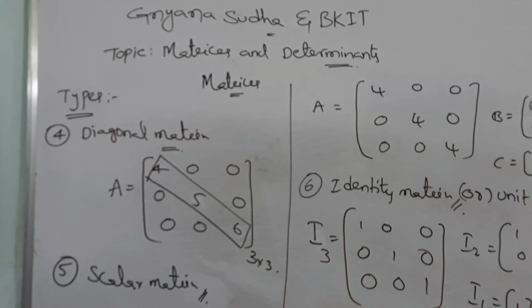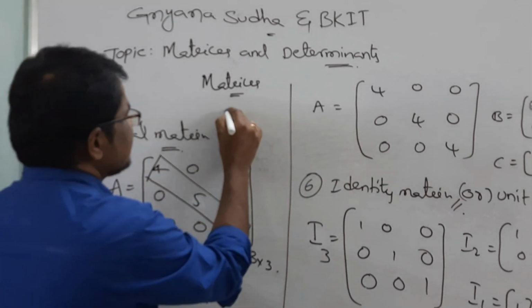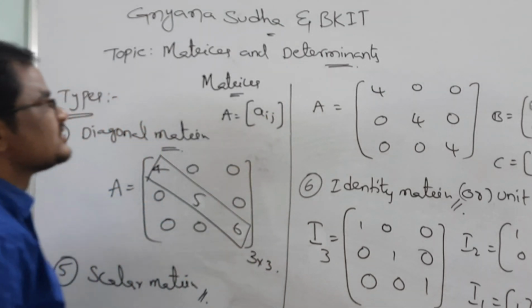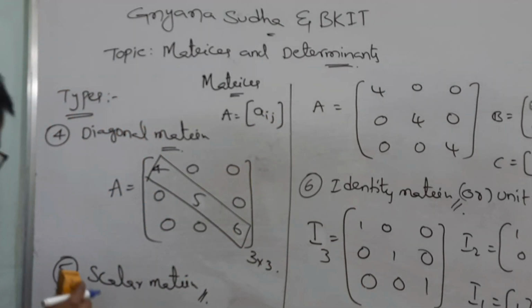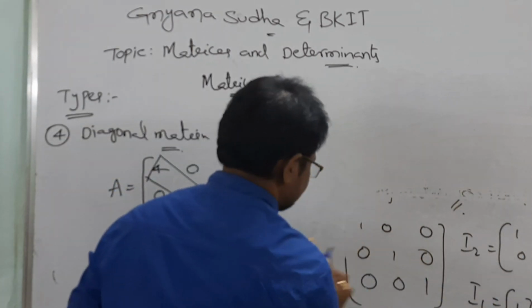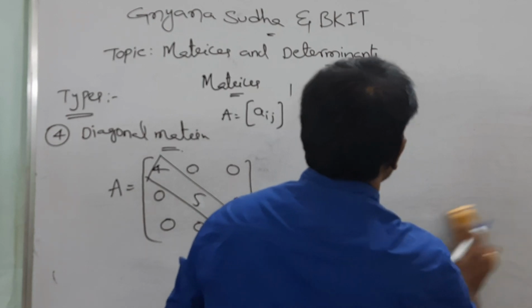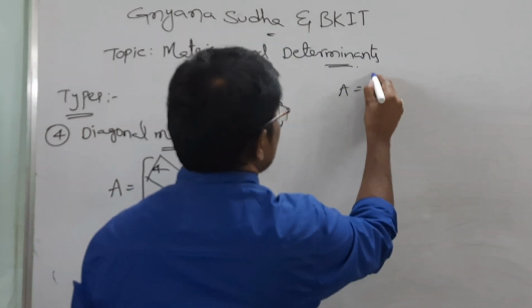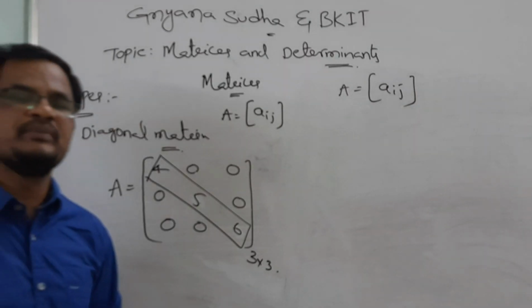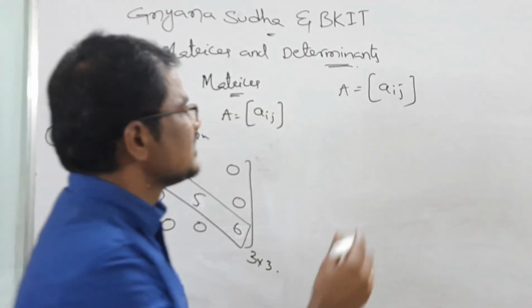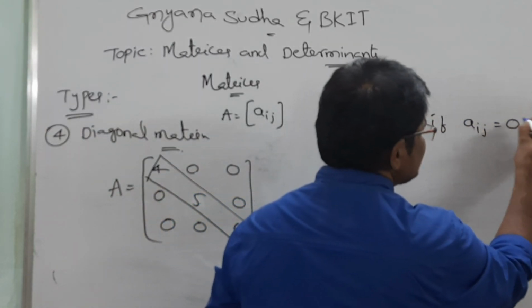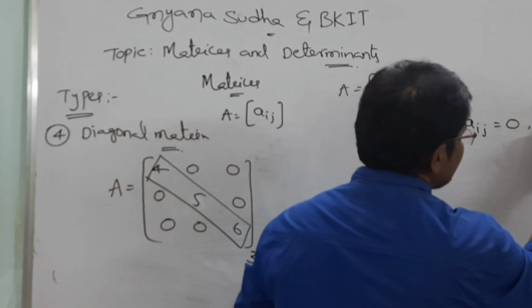Listen here. Suppose A equal to Aij is a square matrix. It is said to be a diagonal matrix if Aij equal to 0 for i not equal to j.